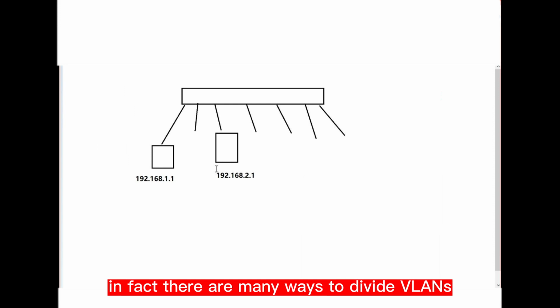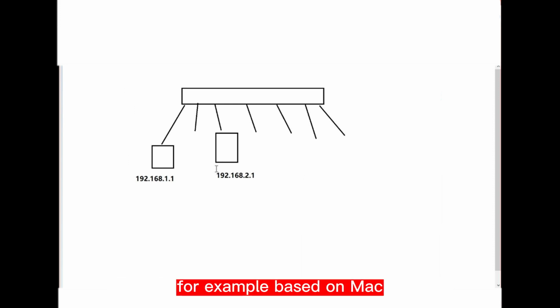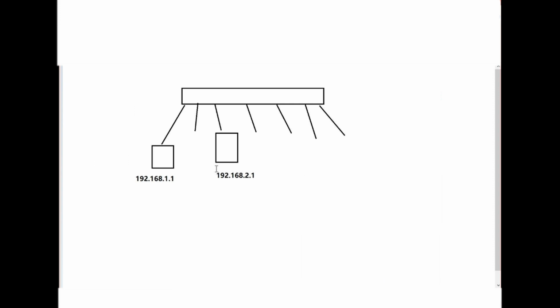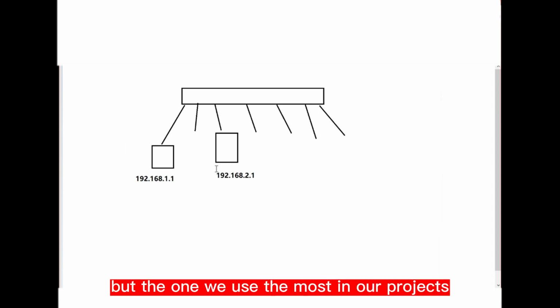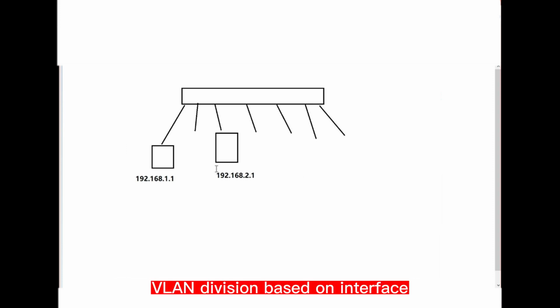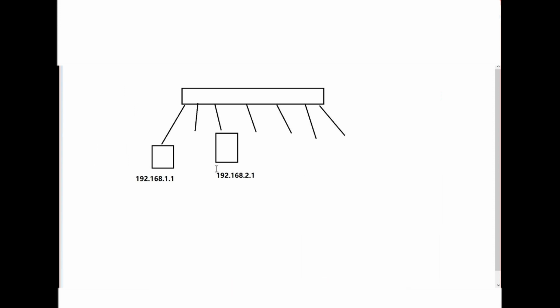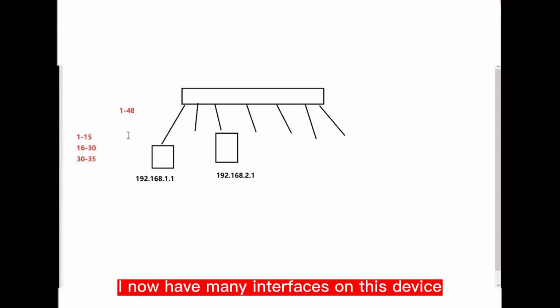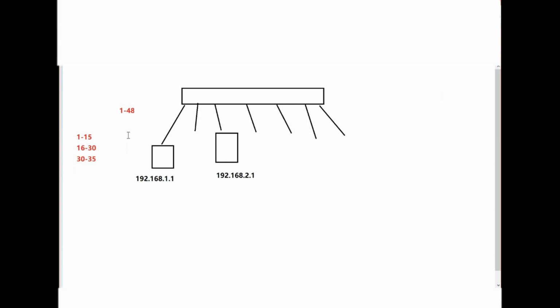In fact, there are many ways to divide VLANs. For example, based on MAC, even IP-based, including policy-based. But the one we use the most in our projects is VLAN division based on interface. For example, I now have many interfaces on this device, 1 to 48 interfaces, a 48 port switch.